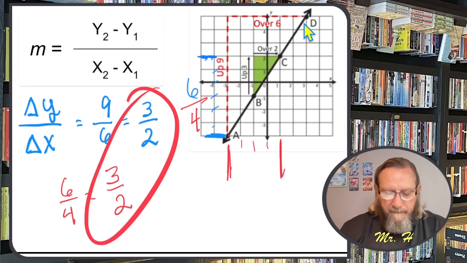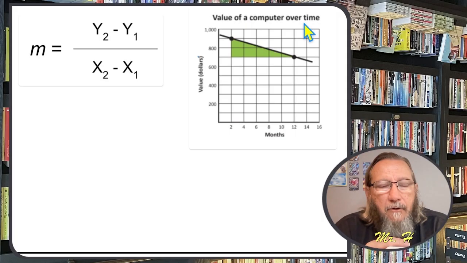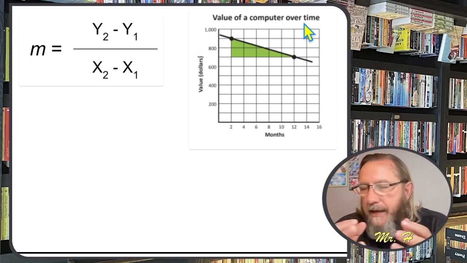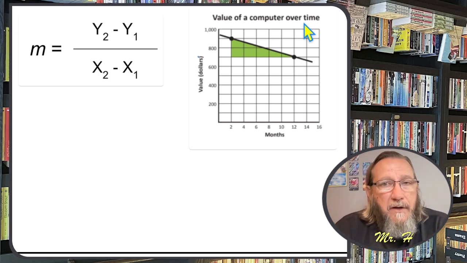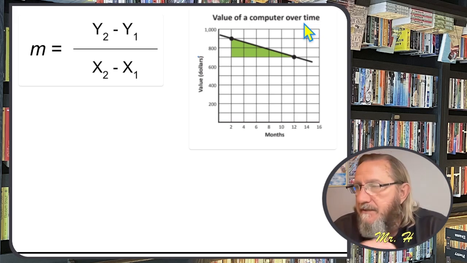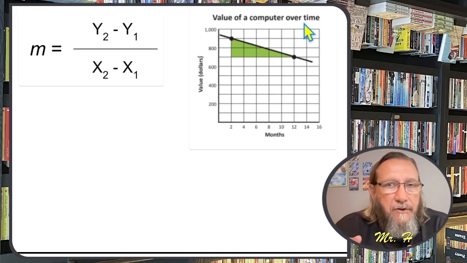Let's look at another graph right quick. Now on this particular graph, we are looking at a picture of the value of a computer over time. Look closely at your x-axis and your y-axis. The x-axis is labeled months. The y-axis is labeled the value or the dollar amount that that computer is worth.